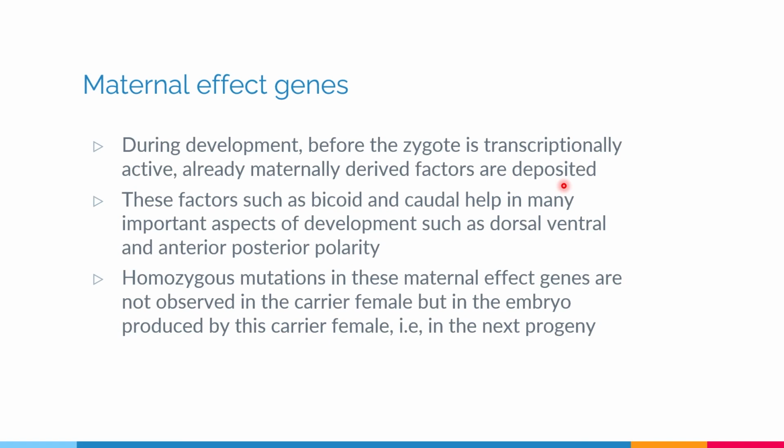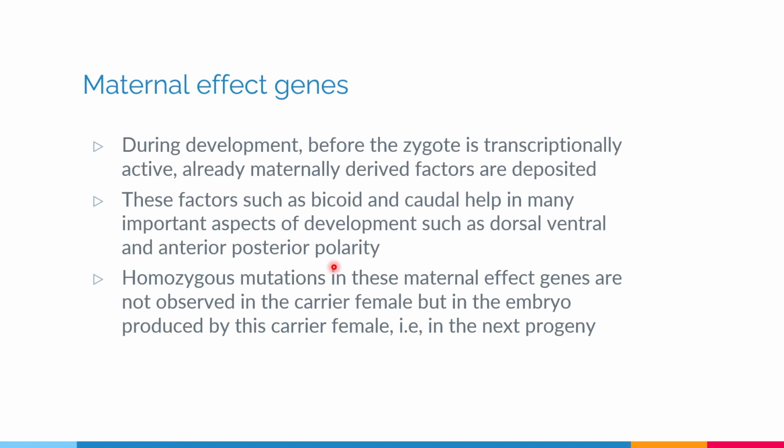As we have seen, bicoid and caudal are maternal effect factors, because they are already present in the embryo even before the nucleus has started producing its own mRNA or proteins, and thus this is already predetermined from the mother's end. These factors, such as bicoid and caudal, help in many important aspects of development, such as dorsoventral and anterior posterior polarity.